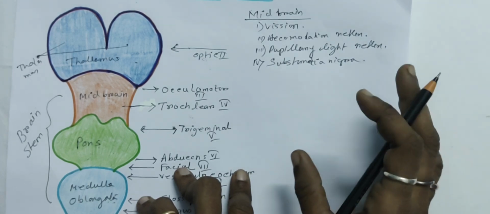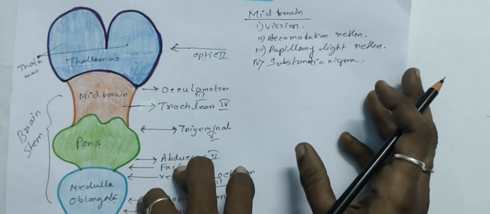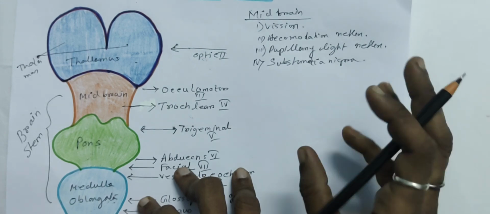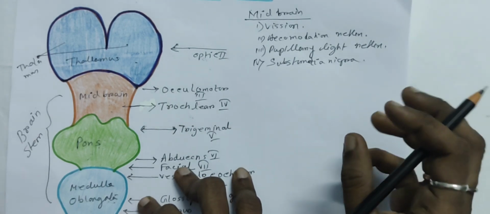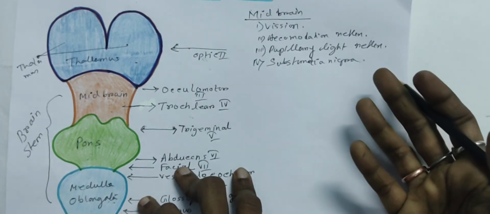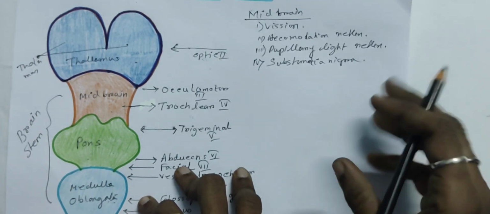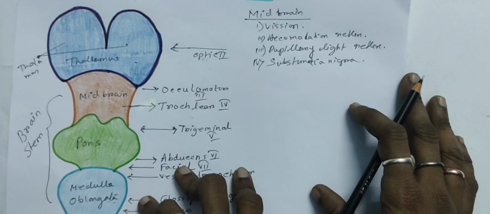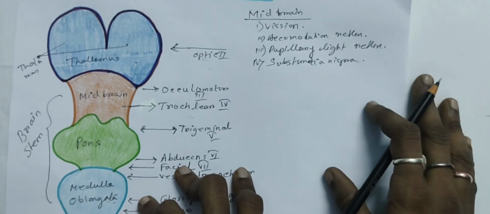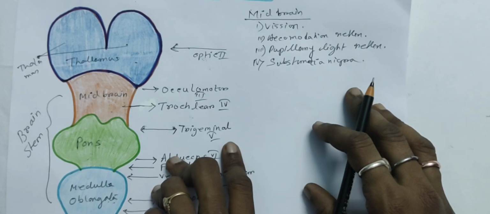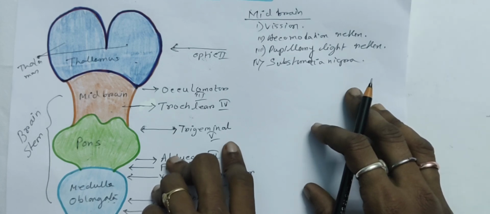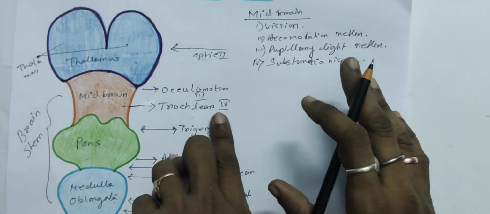Suppose in anybody the dopaminergic neurons die, then they are not able to initiate smooth muscle activity. That disease is called Parkinson's disease. They cannot initiate the motor activity. Okay, so these are the main functions of the midbrain.